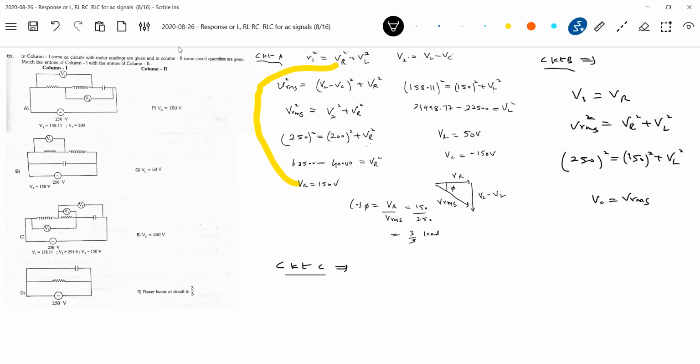Look at this circuit: V1 square should be equal to VR square plus VL square, and V3 should be equal to VR, as the voltmeter is connected parallel to it. And V2 square should be equal to VR square plus VC square.